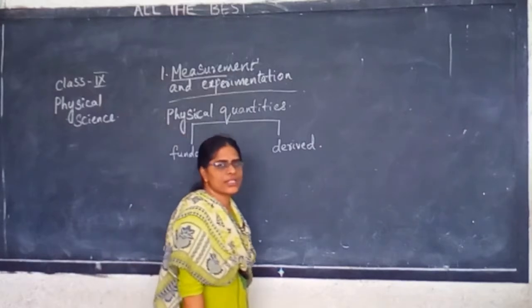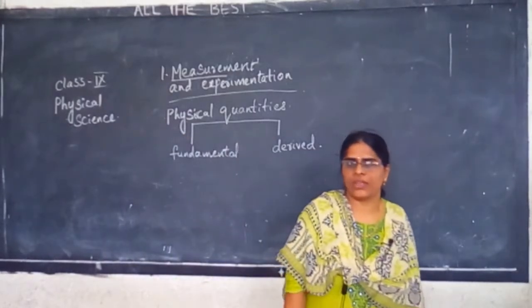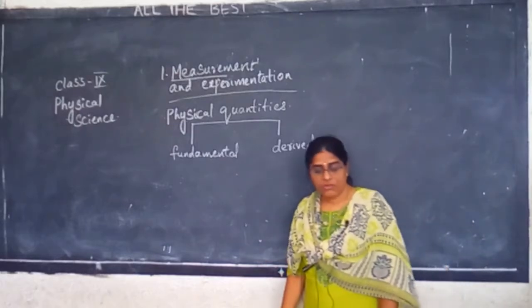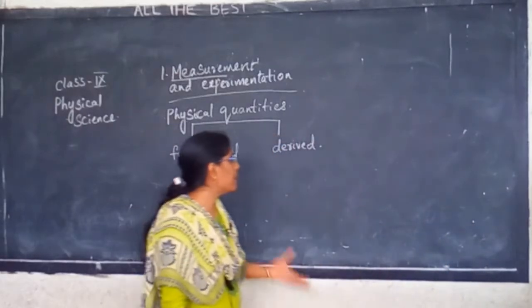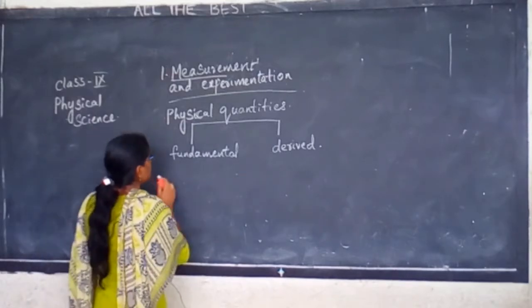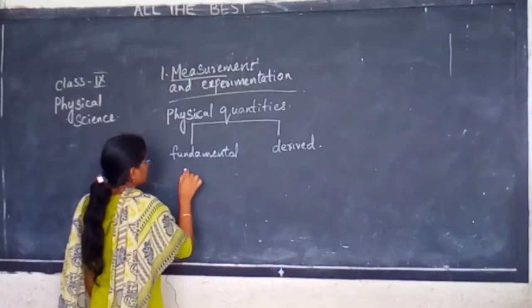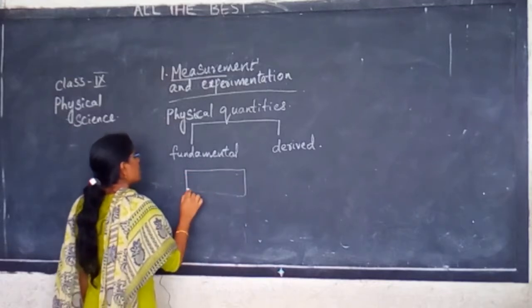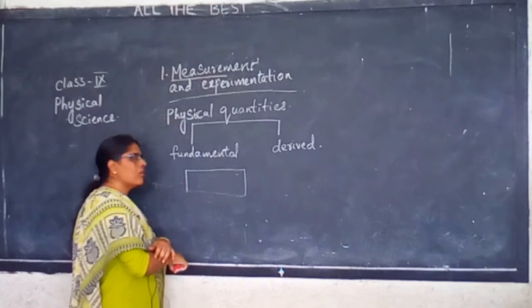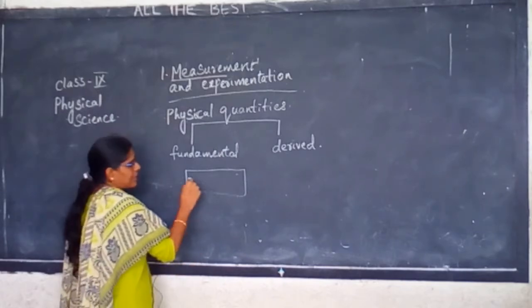Now, let us understand what we mean by a fundamental physical quantity. Fundamental means basic. Now there is a table. Let us assume it is like a rectangle.